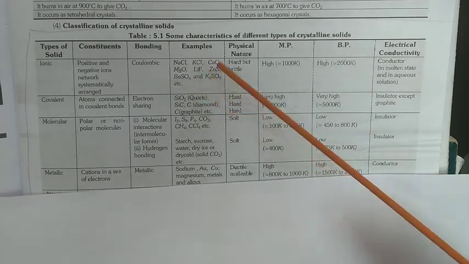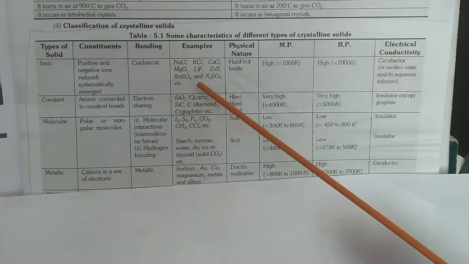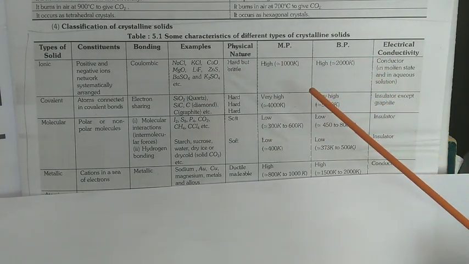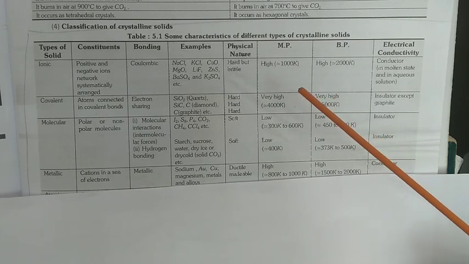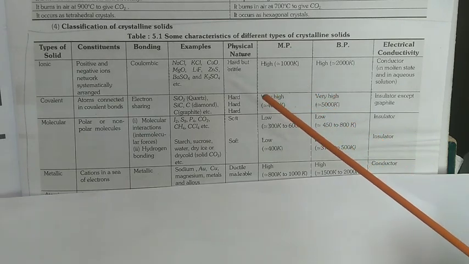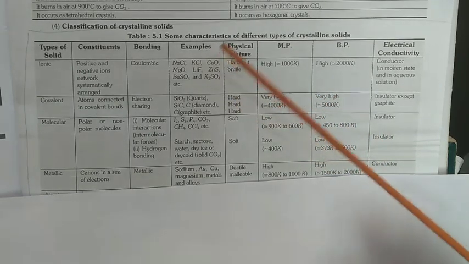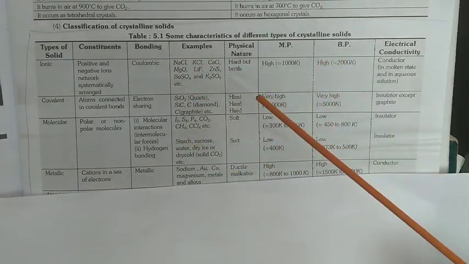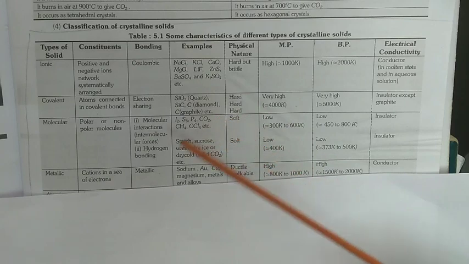These are all examples of ionic solids. They conduct electricity in the aqueous medium. They do not conduct electricity in the molten state. Very few crystals like calcium oxide and magnesium oxide conduct electricity in their molten state.